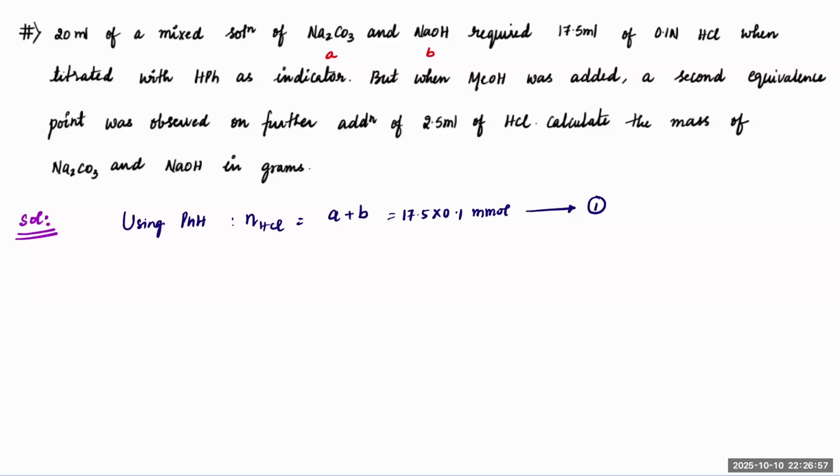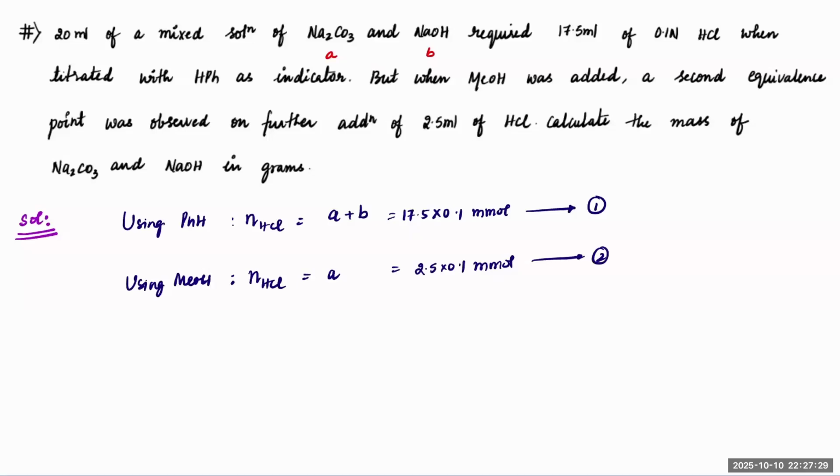Now, using methyl orange. Methyl orange is only to titrate the rest of the amount of NaHCO3. So the amount of HCl to be used is only A moles, because A moles of Na2CO3 produce A moles of NaHCO3. So that should be equal to the rest of the amount, so 2.5 into 0.1 millimoles. This is equation 2.